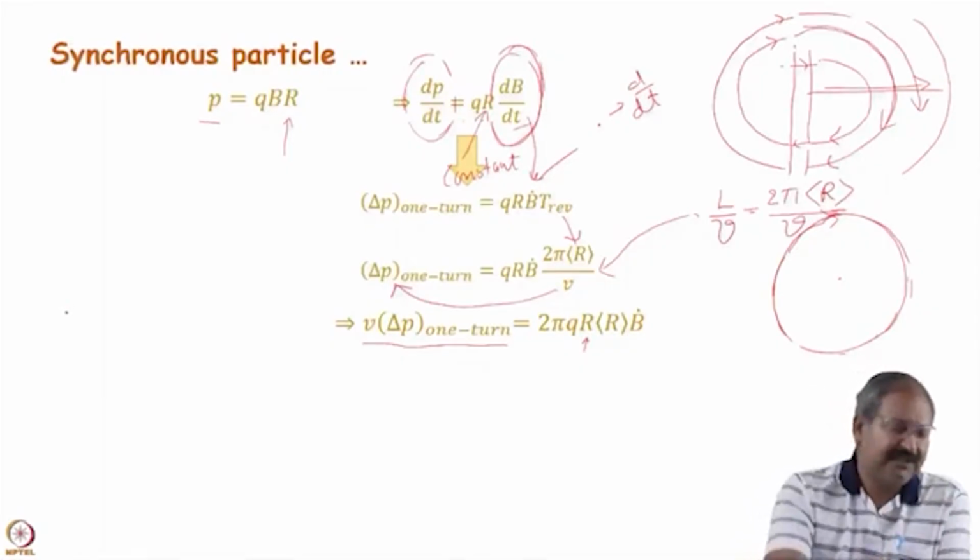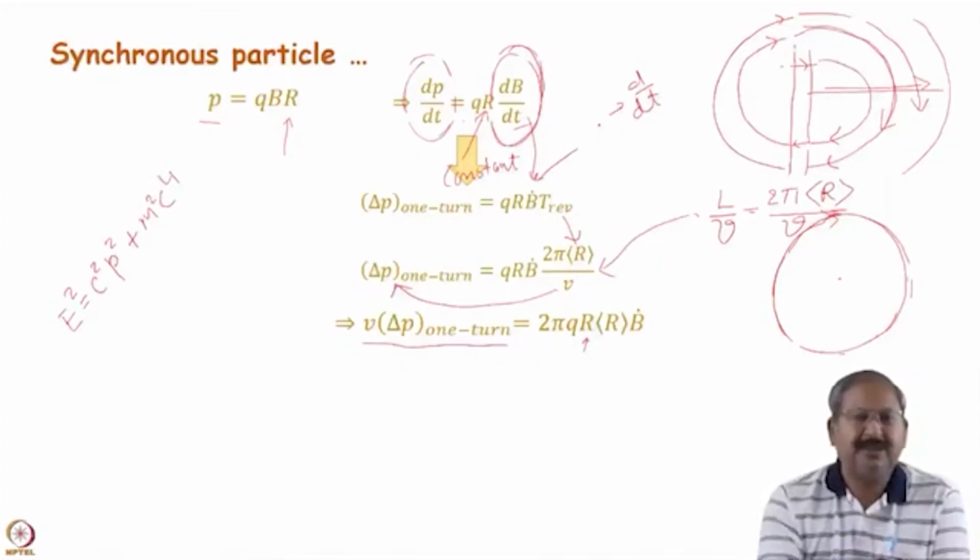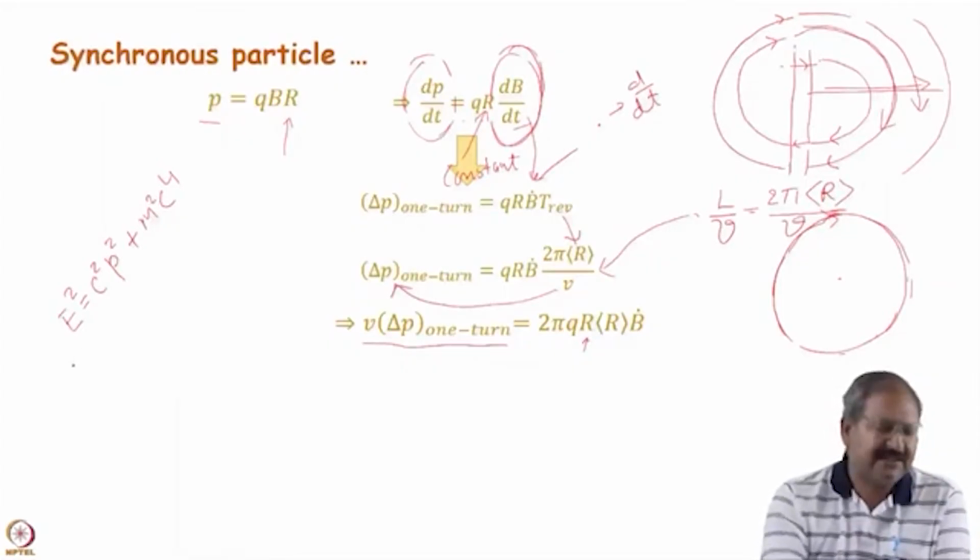Take the relation E square is equal to C square P square plus M square C to the power 4. Taking the change in energy, 2E dE is equal to C square 2P dP.